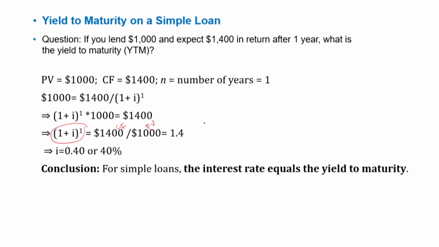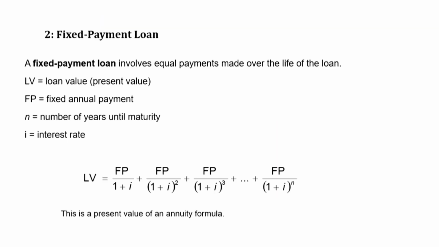So (1 plus i) raised to 1 is equal to CF divided by PV. This is going to be 1.4. That means the i that you are going to get here is 40%. To conclude this short discussion: for simple loans, the interest rate equals the yield to maturity.